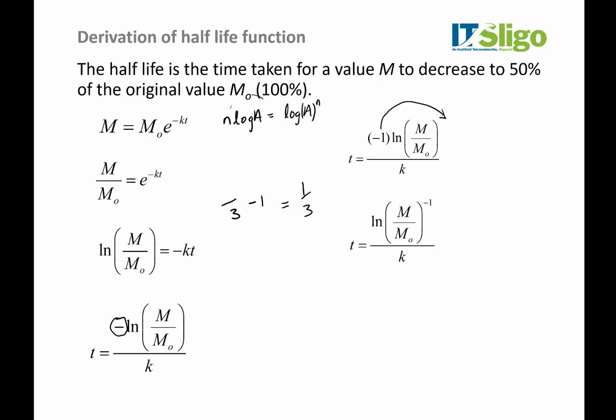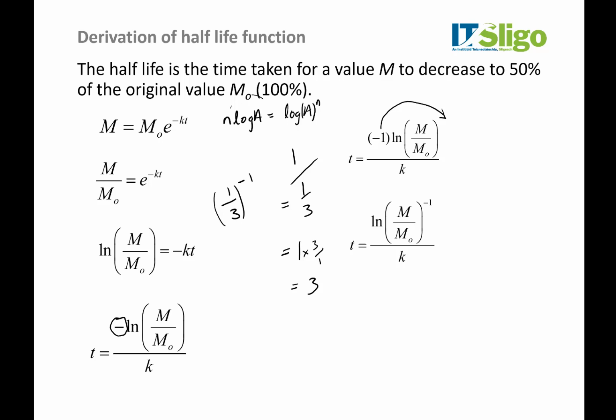But if I said 1/3 to the power of minus 1, what that is actually is 1 over a third. Remember to flip our fraction, which just gives me 3.